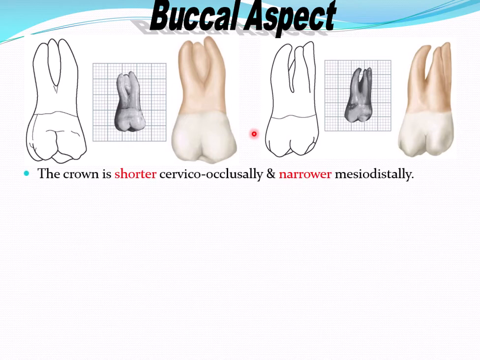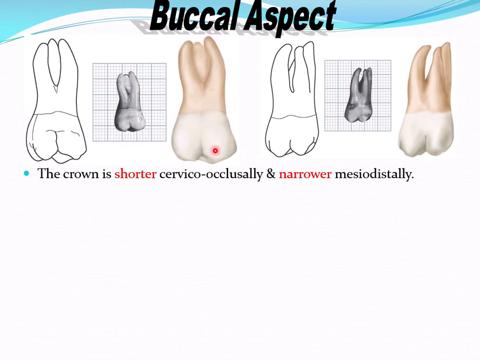أول فرق كما قلنا راح نشرح بطريقة المقارنة، we'll make a comparison between the maxillary first molar with the maxillary second molar. أول فرق the crown. Look to the crown, compare with the crown here and crown there. You will find that the crown is shorter from the cervical line to the occlusal part.